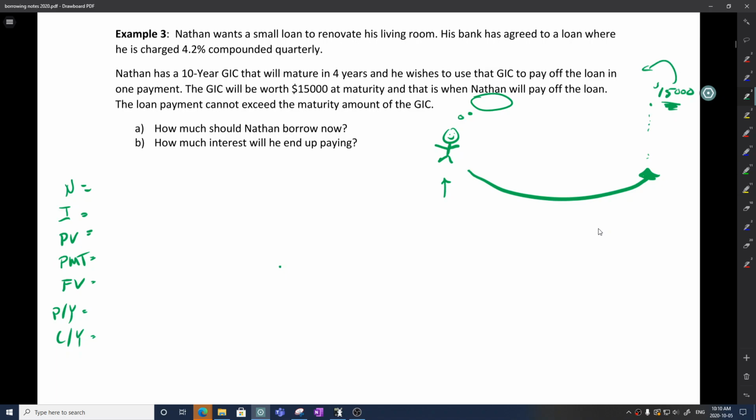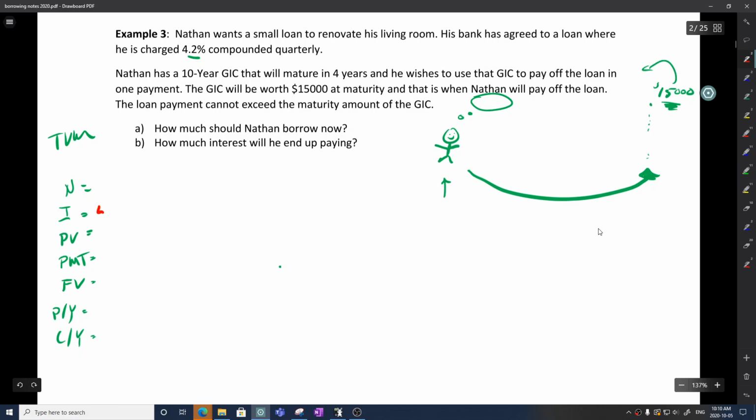So read the question again, see if this little explanation makes sense. If you notice, I've put down the time value of money calculator and variables here. I'm just going to start plugging in variables. So my interest on my loan, easy to pick off, that's 4.2%.